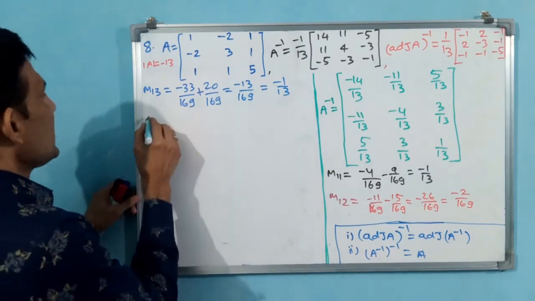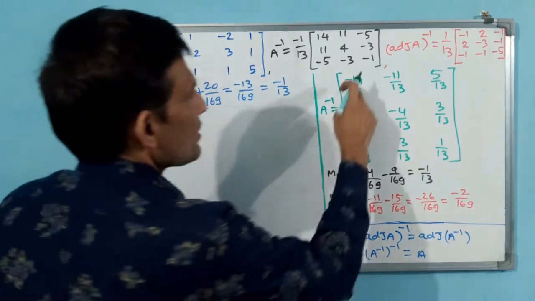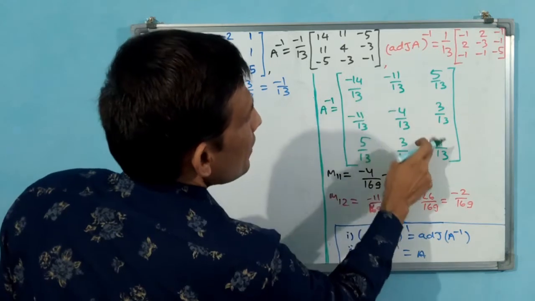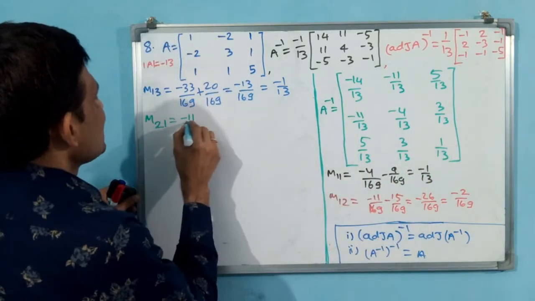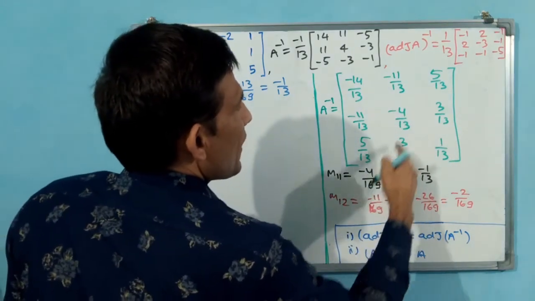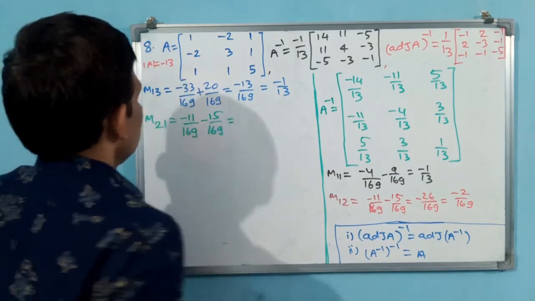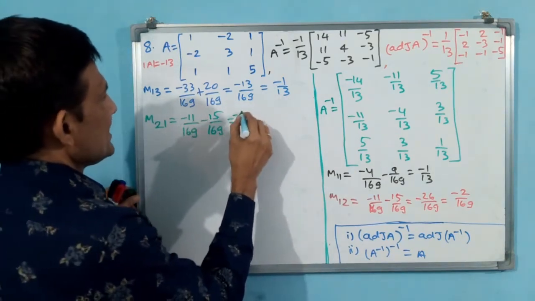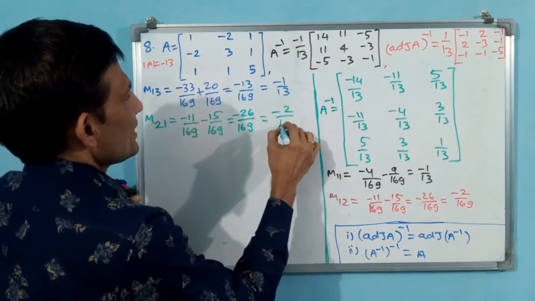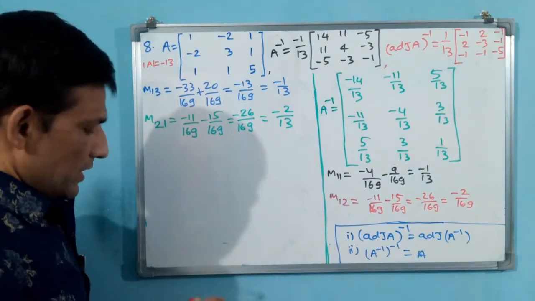Now write M21. M21 means you are closing this minus 11 by 13. If you close it, minus 11 by 169, minus 15 by 169, minus 26 by 169, that is equal to minus 2 by 13, 13 twos are 26.